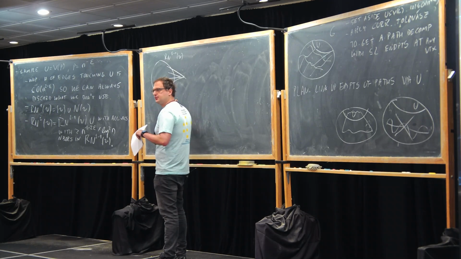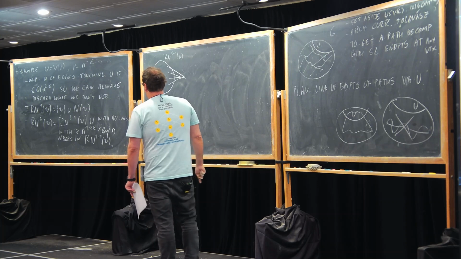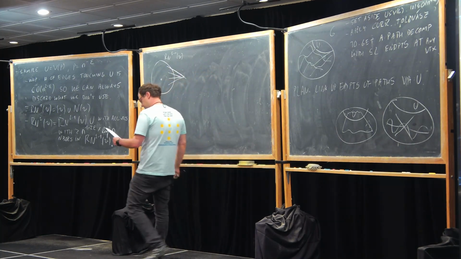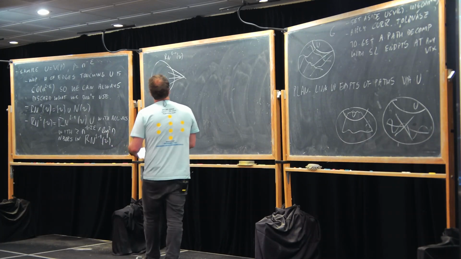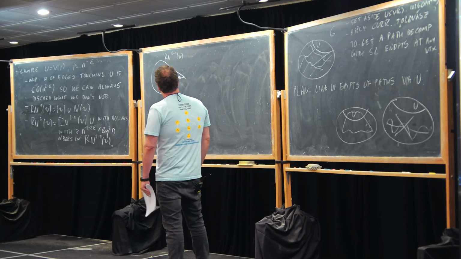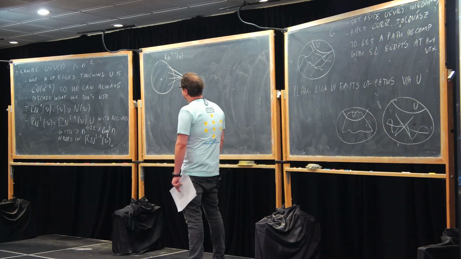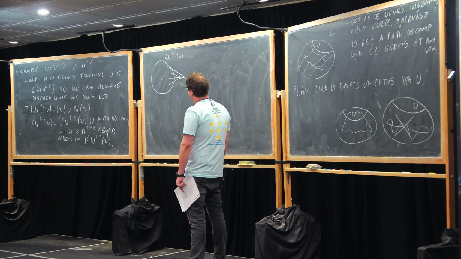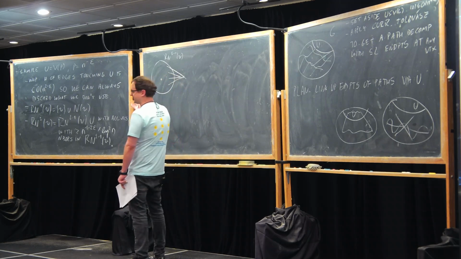Make sense, the definition? So they have lots of edges going back. The whole point of this is that it will make it much easier for our vertices to survive this subsampling.